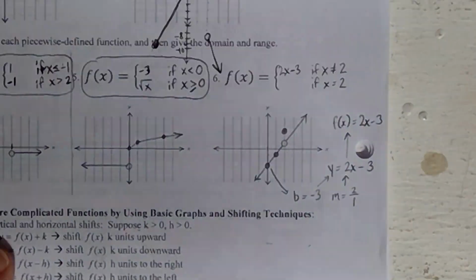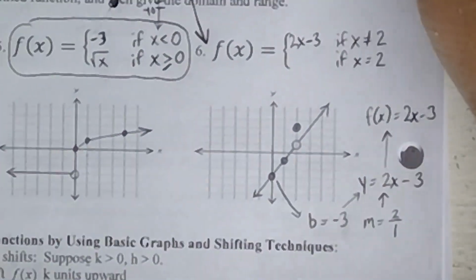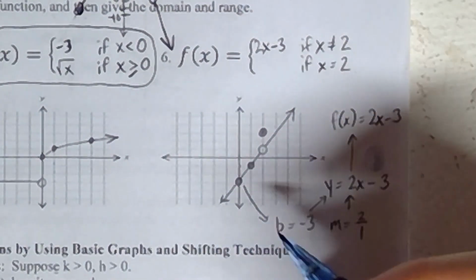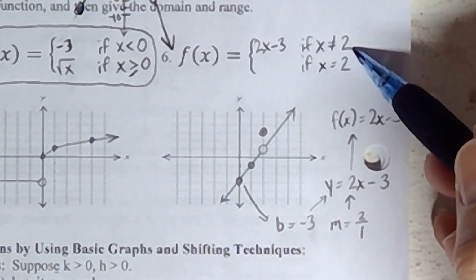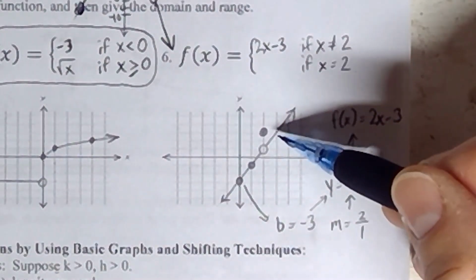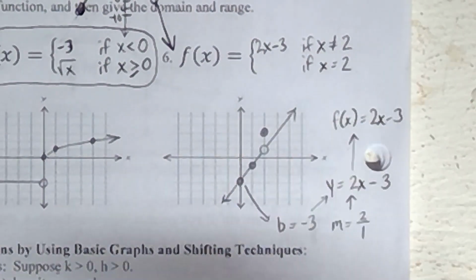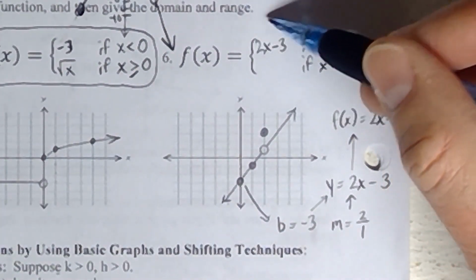Okay, let me zoom back in here now that we're ready to finish off the problem. So that's the line, and that line is true anytime x is not equal to 2, and that's why we put it in the first spot there. Now remember again, when we actually figure out this formula here, those are y values right there.